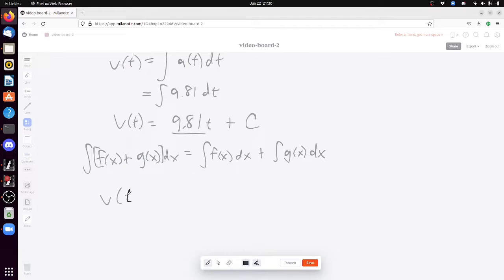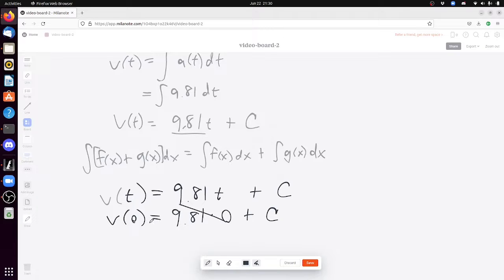So if we have 9.81t plus c, there's one way to solve for this, and that's basically to sub in t equals 0. So if we start off at v of 0, what would that equal? That would be 9.81 times 0, so this whole term is going to vanish, and you'll be left with c.